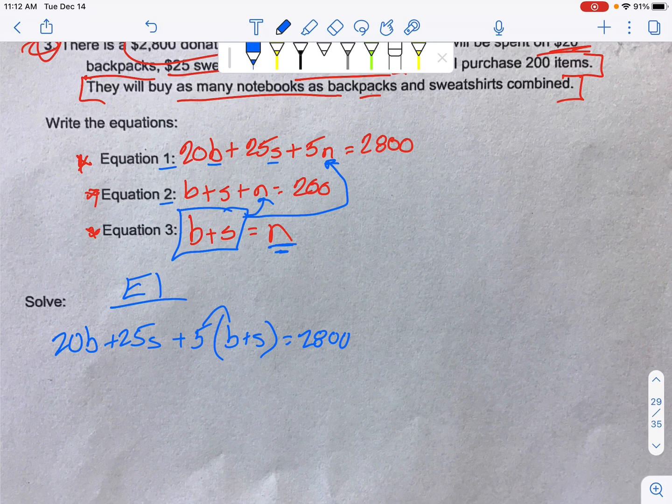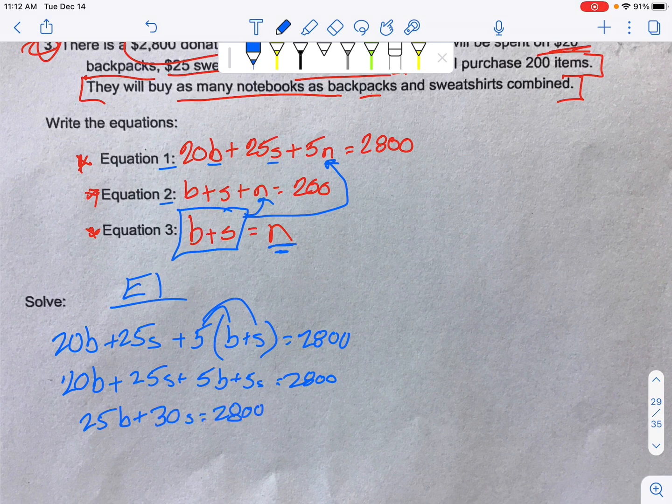Now let's simplify. So now we have one equation with just 2 variables left.